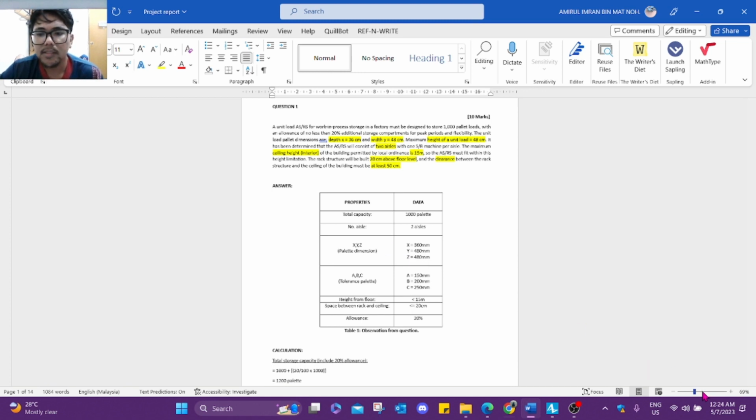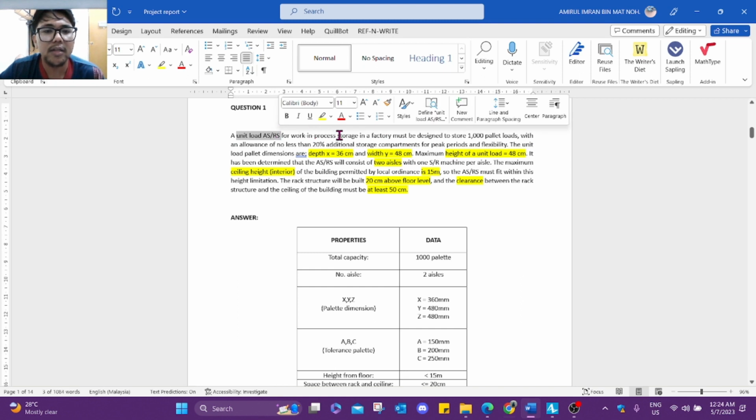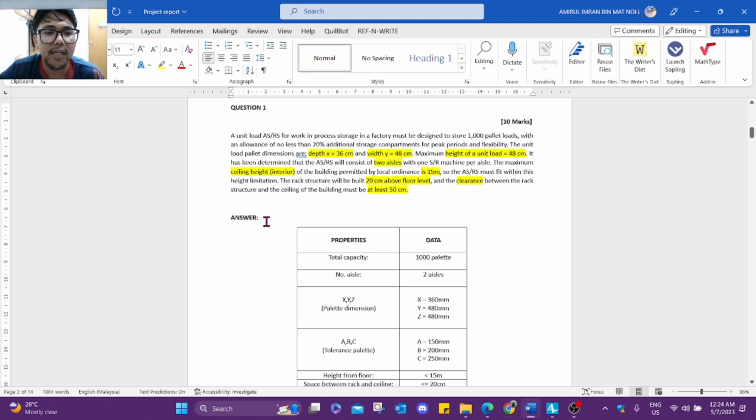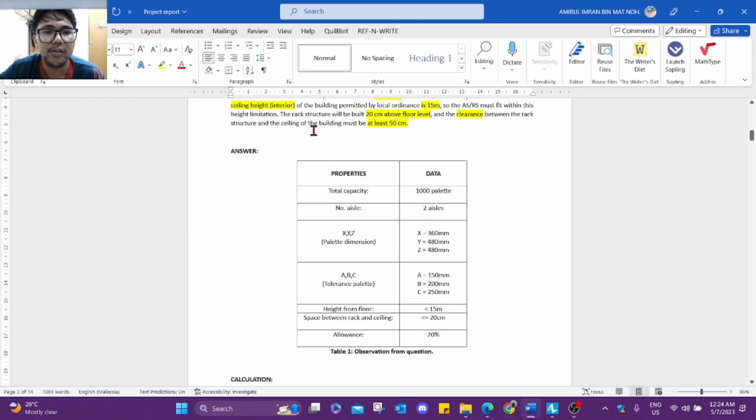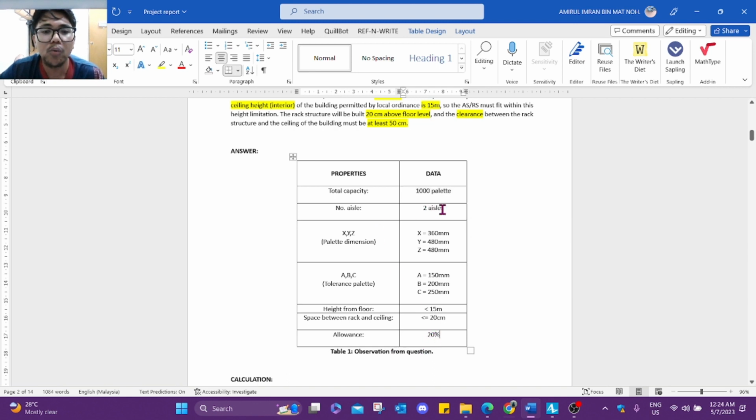In question number 1, we are asked to calculate and create a unit load ASRS for work in process storage in a factory, where all the values of our ASRS system must meet the requirements stated in this table. The total capacity must be able to store at least 1000 pallets, not including the allowance of 20%, and it must have two aisles.